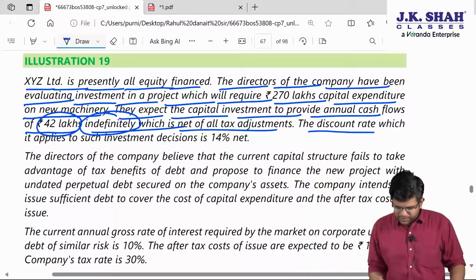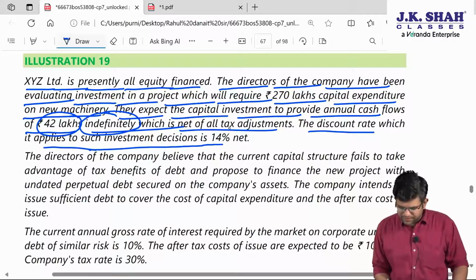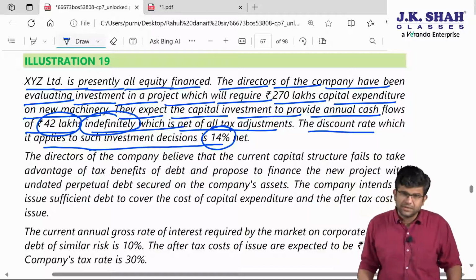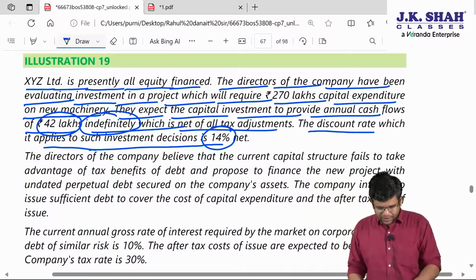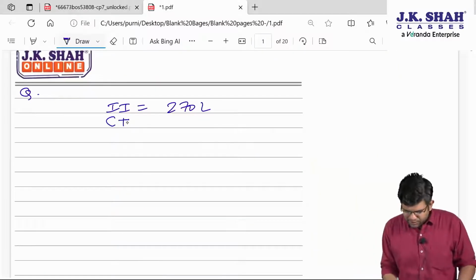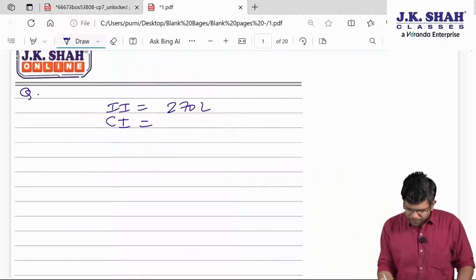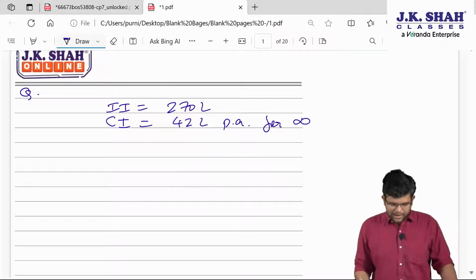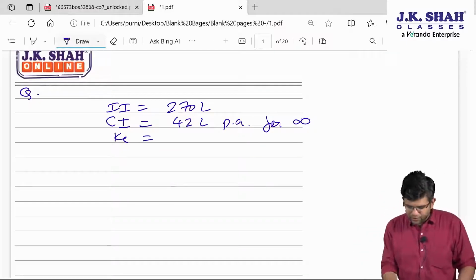And the discounting rate which is applicable to such investments is 14%. Now students, this 14% must be KE, correct? So I'll write here, cash inflows are equal to 42 lakh per annum for eternity, and the discounting rate which is given to you is 14%.